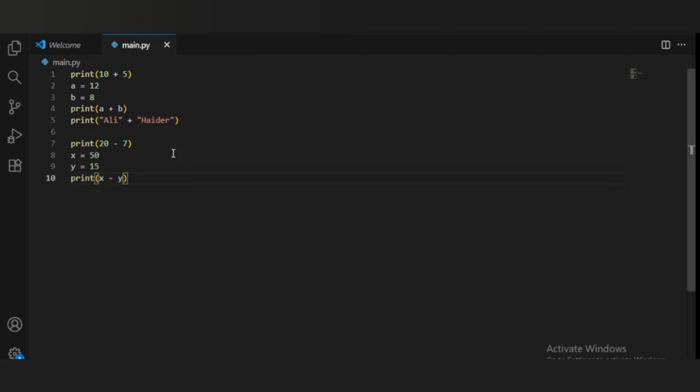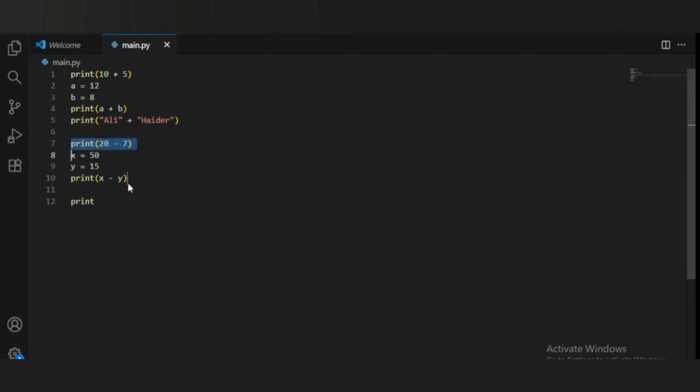So now I move on to the multiplication operator, which multiplies numbers. Sorry, this was the subtraction example.